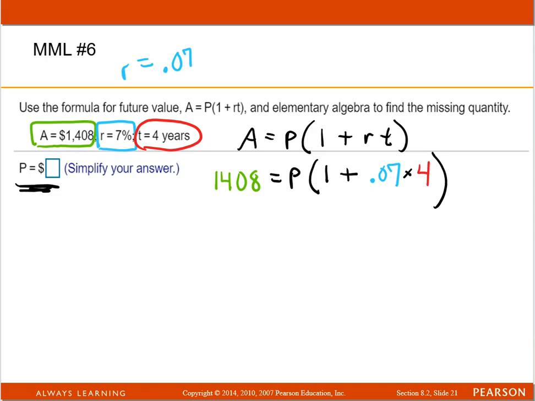And it's 4 years. Now, on this one, okay, that 4 does not look like a very good 4. Okay. Now, this one you have to solve for P. And I would probably go ahead and simplify all the stuff inside the parentheses. I would take the 1 plus 0.07 times 4, and that is going to be 1.28.